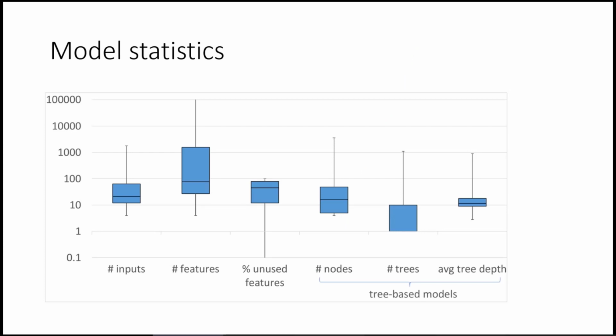We then analyzed the distribution of these models. We found that, interestingly, a good number of them had unused features, so they presented many opportunities for pruning with projection pushdown and predicate pushdown. Even though there was a huge spread in the number of features the models had, we were surprised to see that many of them had a good percent of unused features.